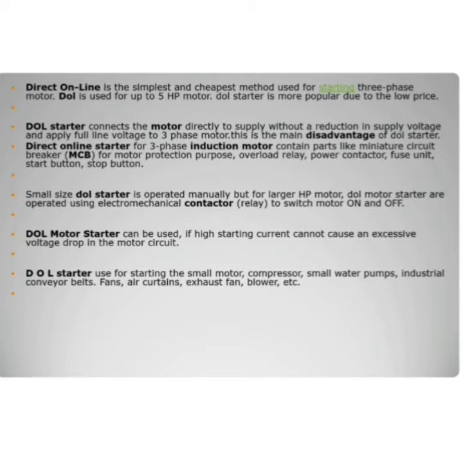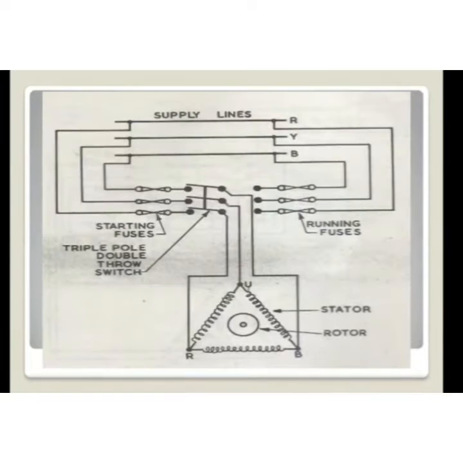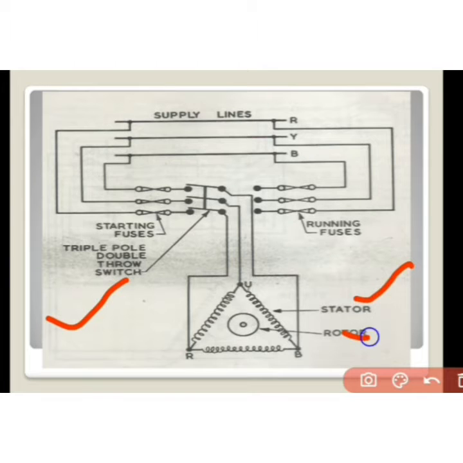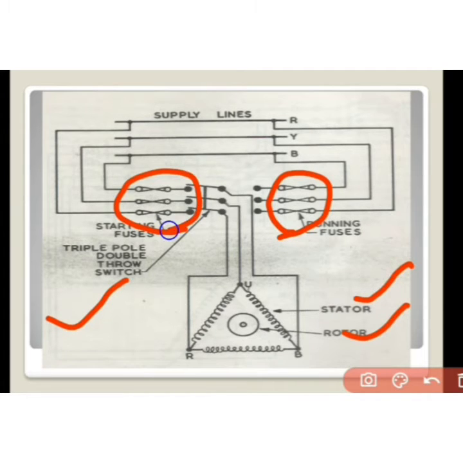First, we are going to discuss the DOL starter diagram. This diagram shows the DOL starter connection diagram with the motor. This is the stator and rotor of the motor, and here you can see the running fuses and the starting fuses.